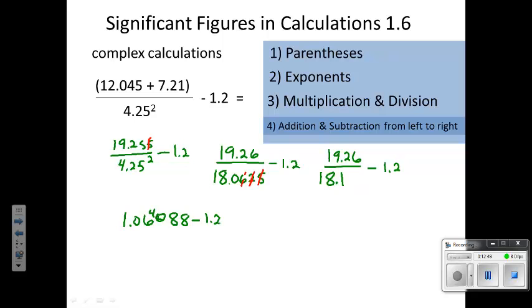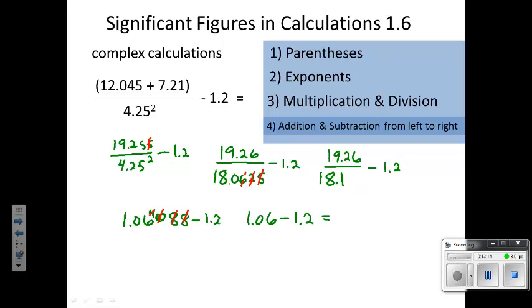The operation tells me I can only have 3 significant figures, so I have to drop the 4088. Sorry, I messed that up a little bit, but I'm going to drop it anyway. So that's my excuse for not being able to write correctly. We were going to drop that one anyway.